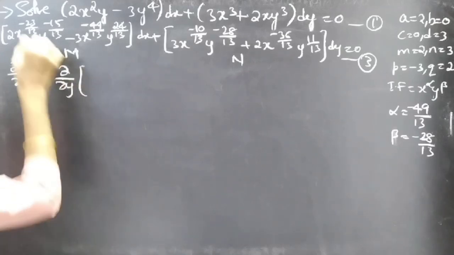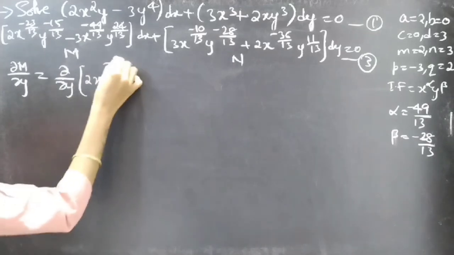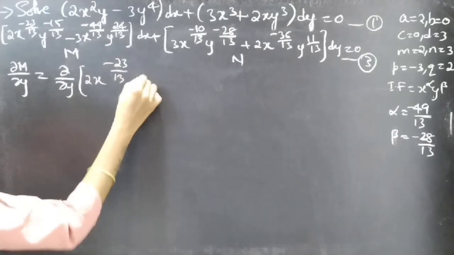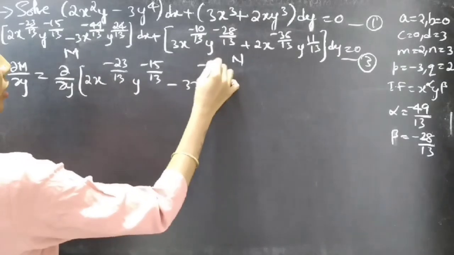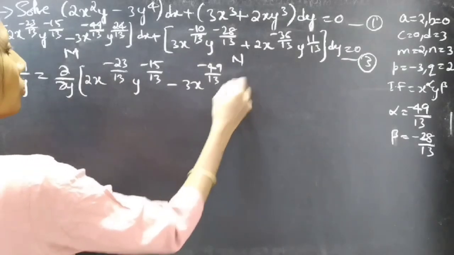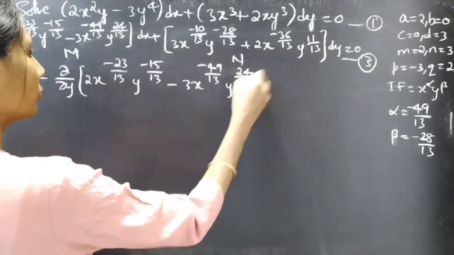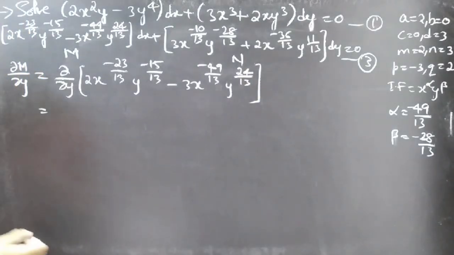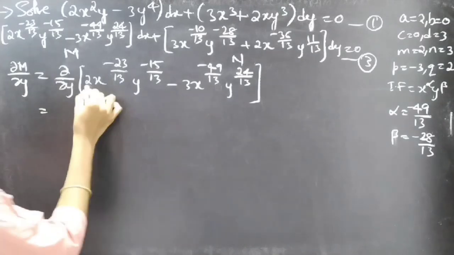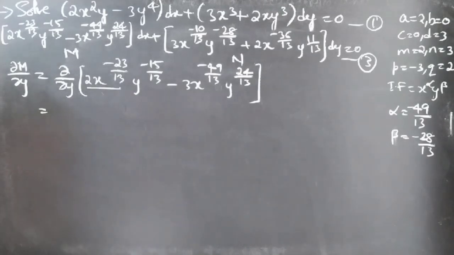For M equal to 2x power minus 23 by 13, y power minus 15 by 13, minus 3x power minus 49 by 13, y power 24 by 13. Since we are finding partial derivative of terms with respect to y, we will treat x as constant. Here in the first term 2x power minus 23 by 13 is constant.